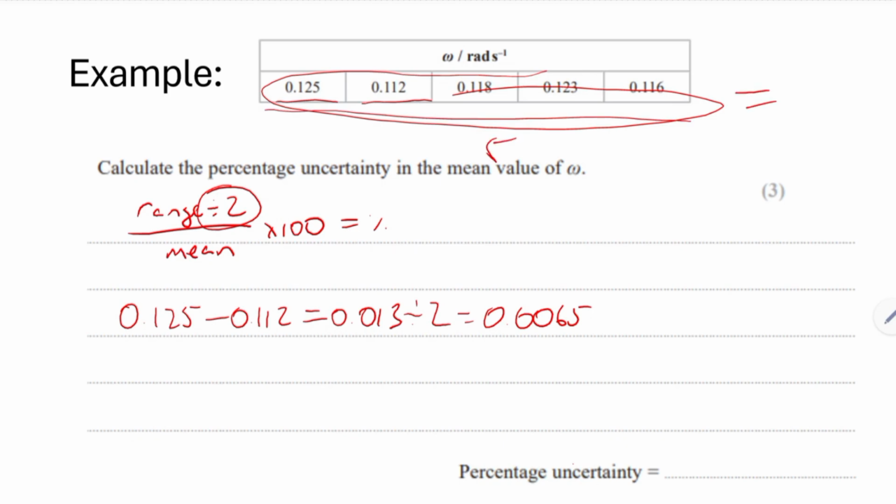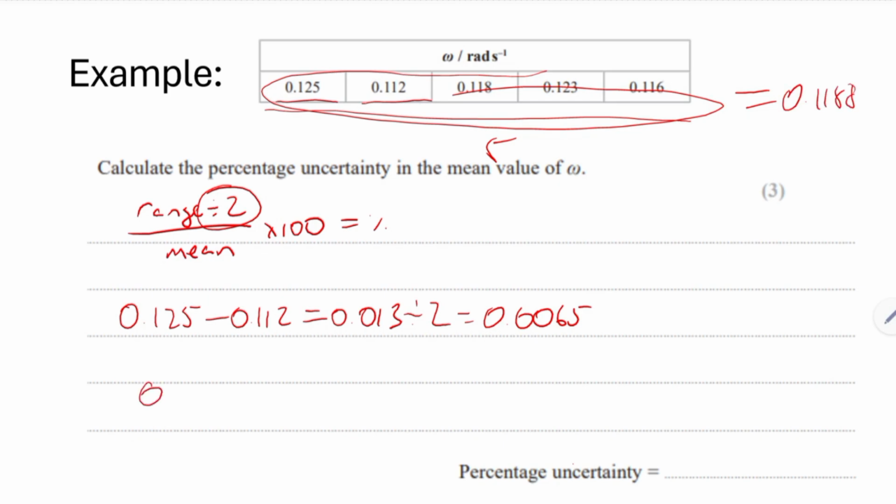So you do 0.125 plus 0.112 plus 0.118 plus 0.123 plus 0.116, and you do all of that divided by 5, and the answer will be 0.1188.